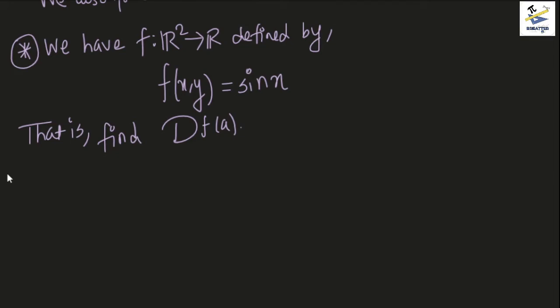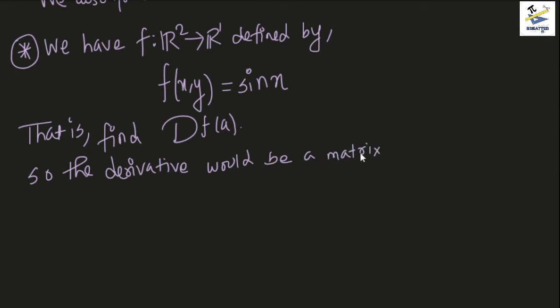So it's a derivative from R squared to R, and of course this would mean that it's from R to the power 2 to R to the power 1. So the derivative would be a matrix of dimensions 1 cross 2.